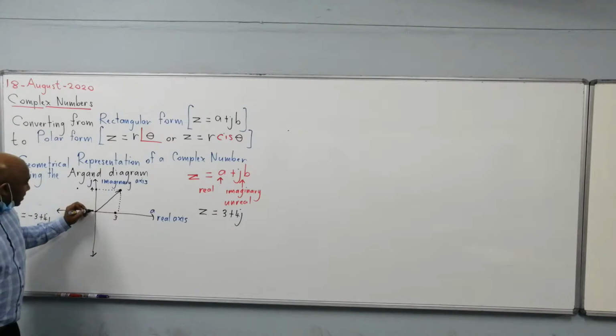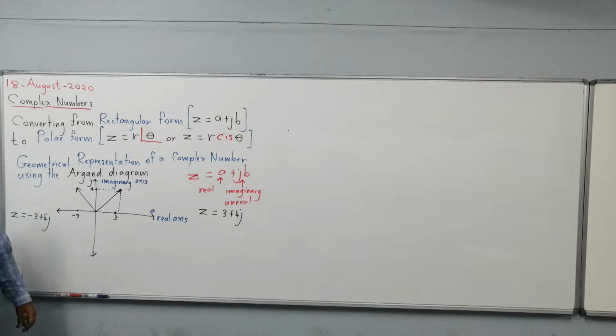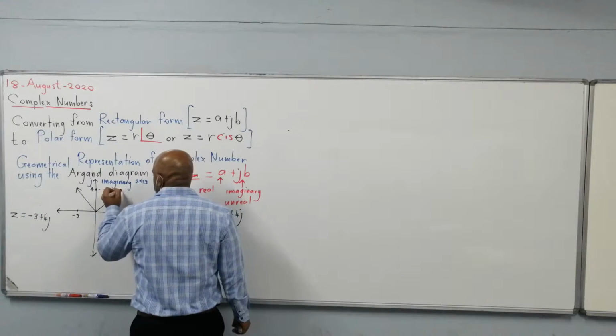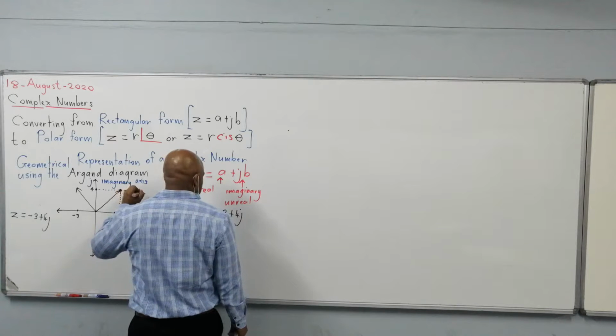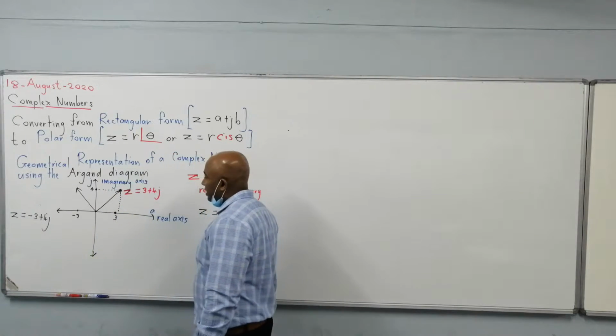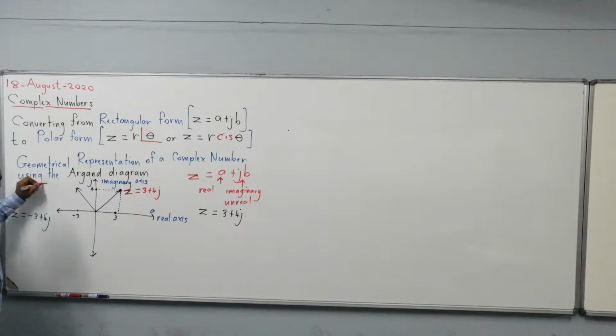So I take my ruler and draw a line. Now this is z is equal to 3 plus 4 times j, and this complex number here is z is equal to -3 plus 4j.